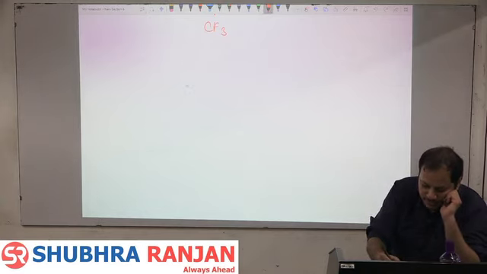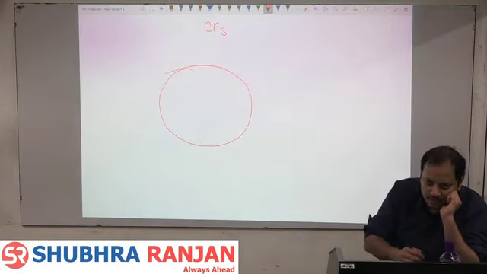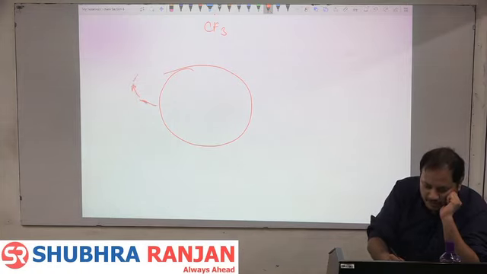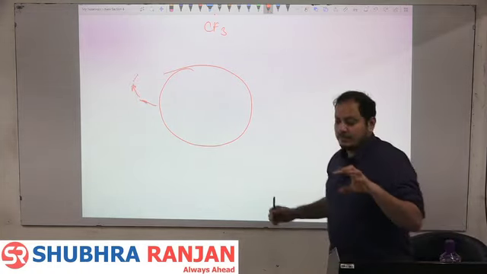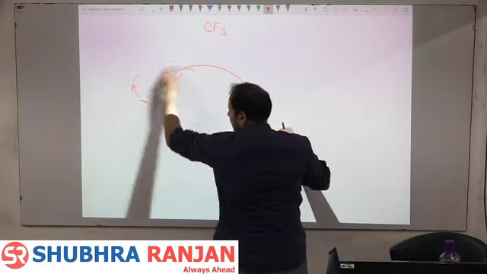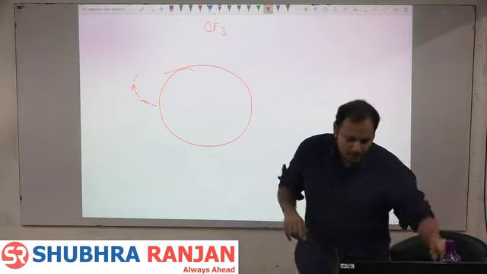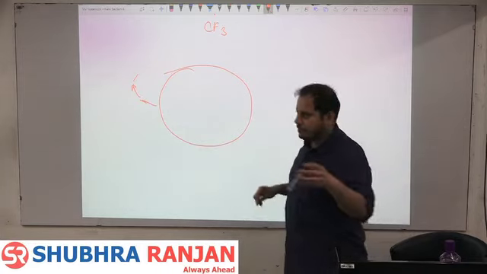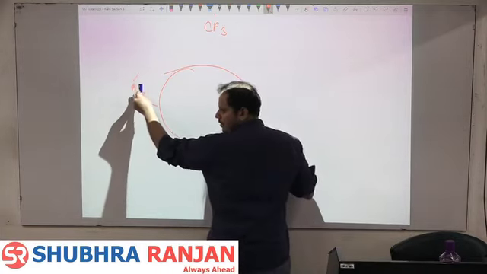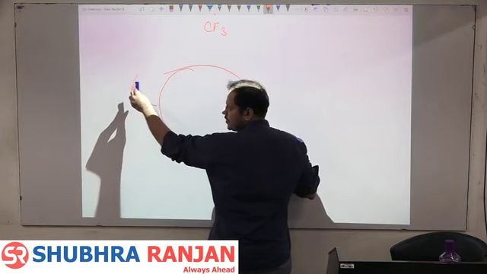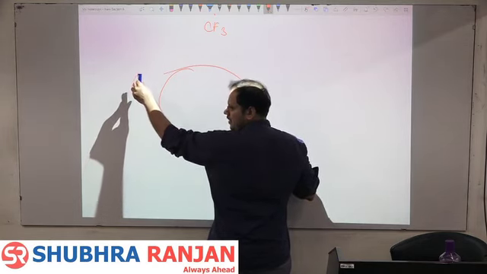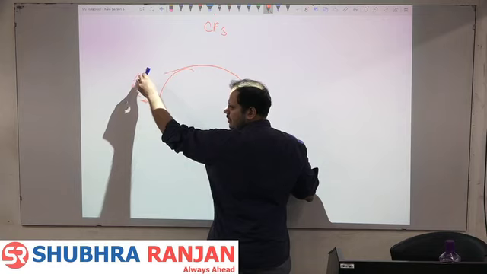Remember, if this is the earth, a wind that rises from here goes up, and after going upwards it will start getting deflected either to the right or to the left, in the northern and southern hemisphere respectively. So if there is a wind which is going from this to this direction in the upper atmosphere, frictional force is 0, and in the northern hemisphere the wind will start getting deflected to the right.